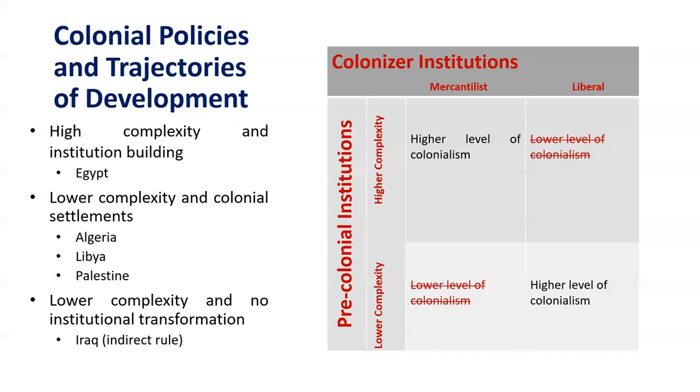And then the lower complexity case: Britain in Iraq, for example. They had a tribal-based society, and they didn't have an extensive centralized authority, and Britain was unable to settle in, and chose to rule indirectly through tribes.